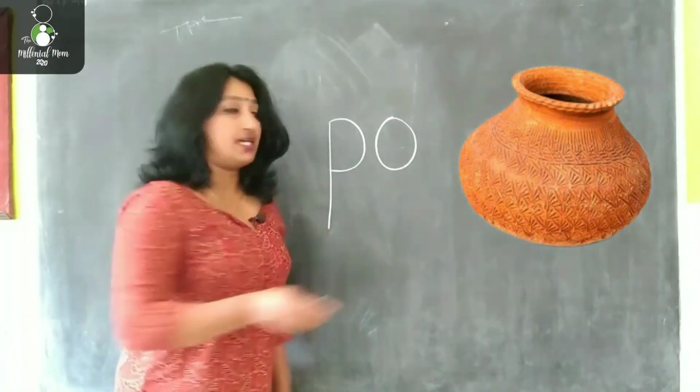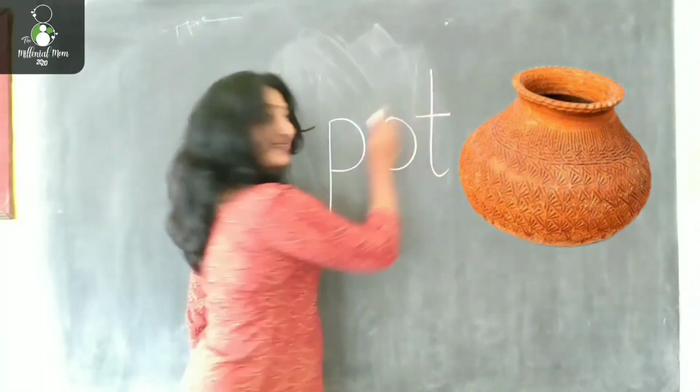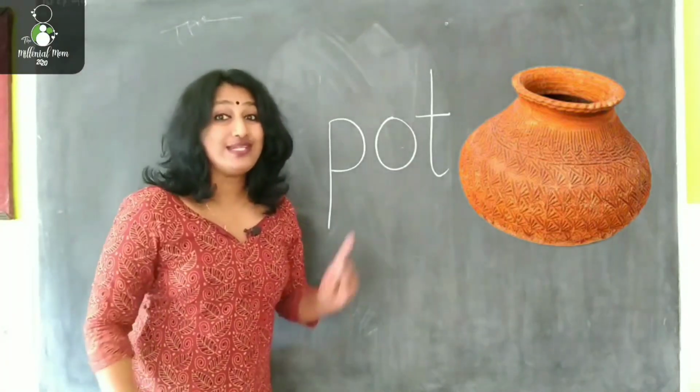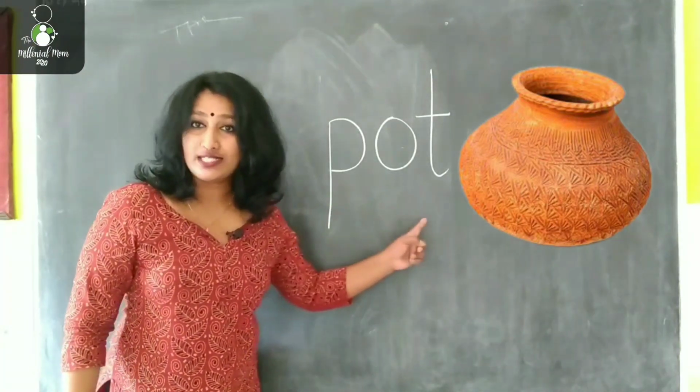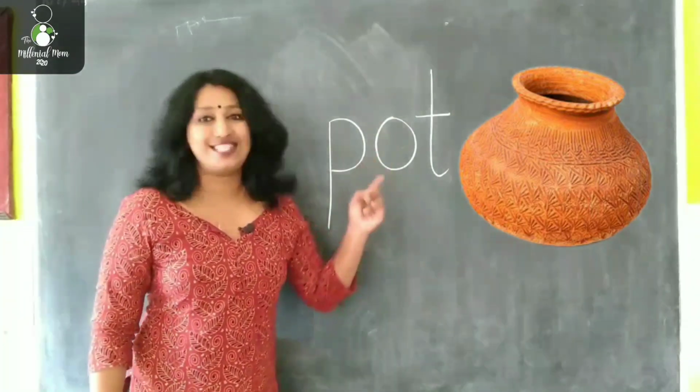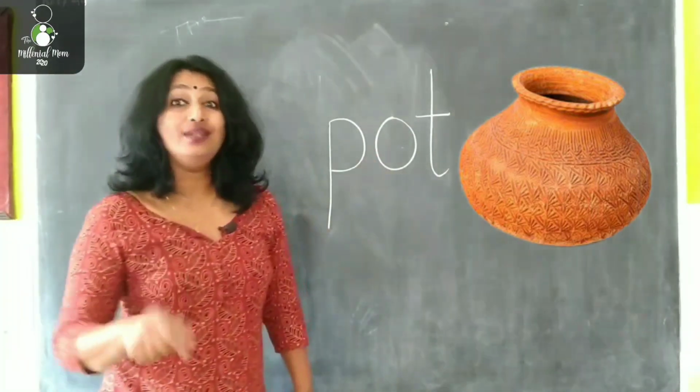Pot. So what have you written on the board? Pot. Pot means a vessel. Now, the next one.